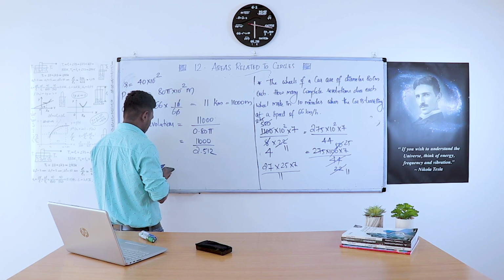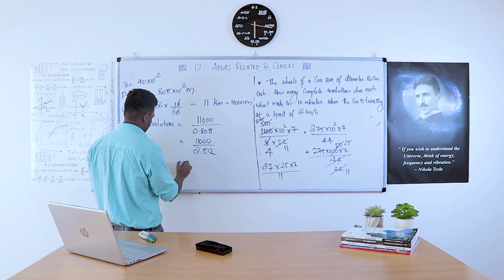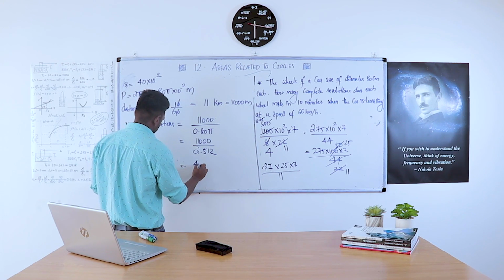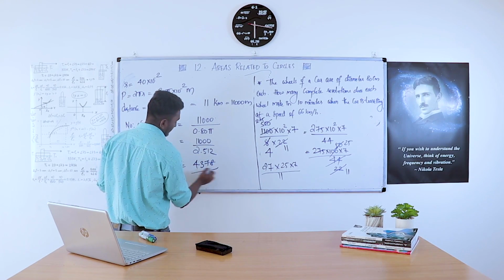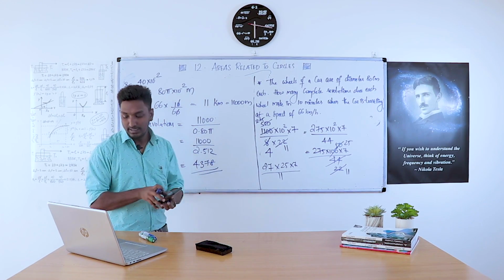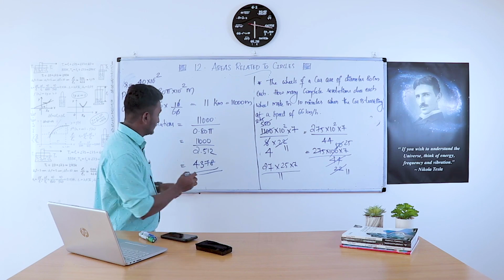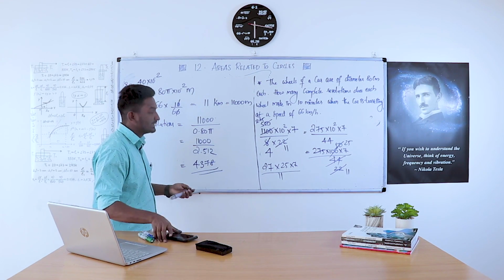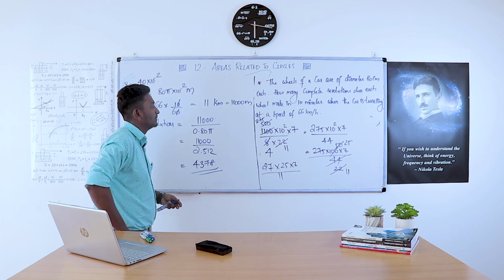That is 11,000 divided by 2.512. That is 4,378. Approximately 4,378 revolutions are made by this.